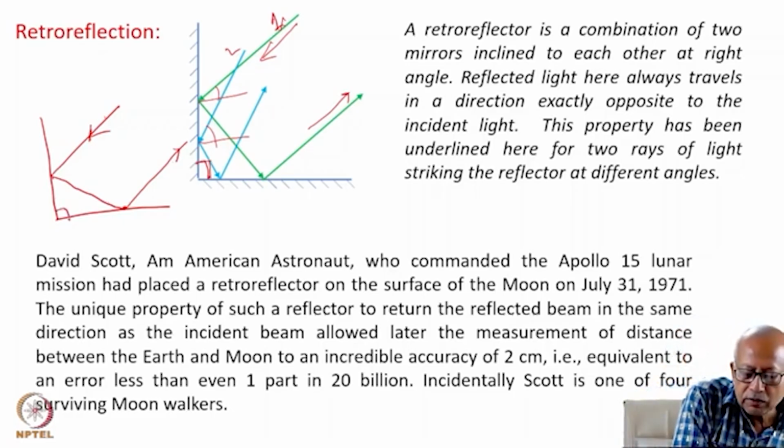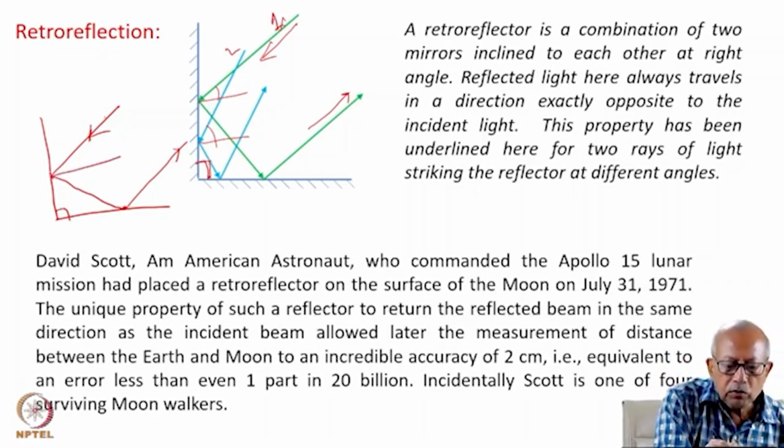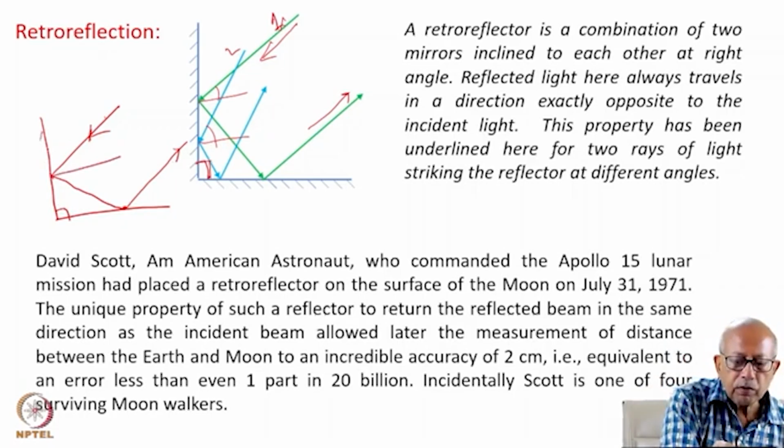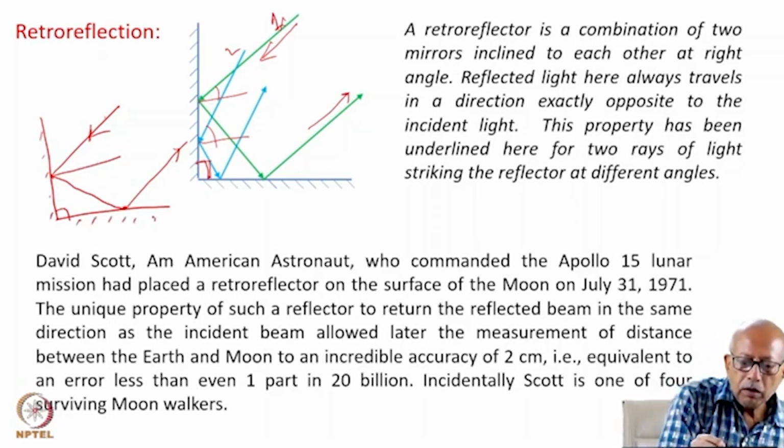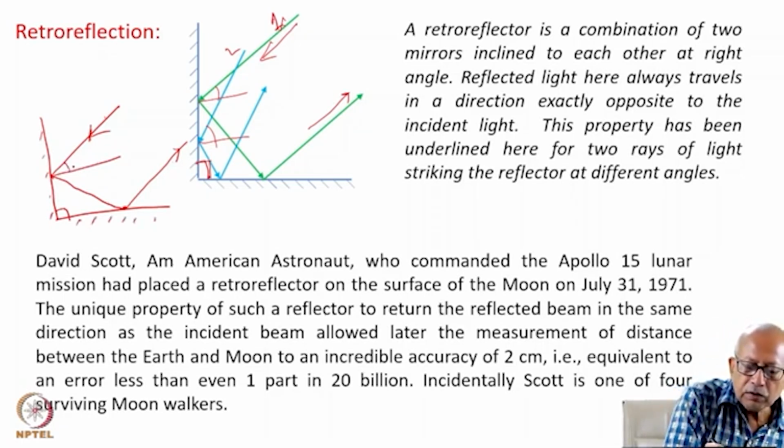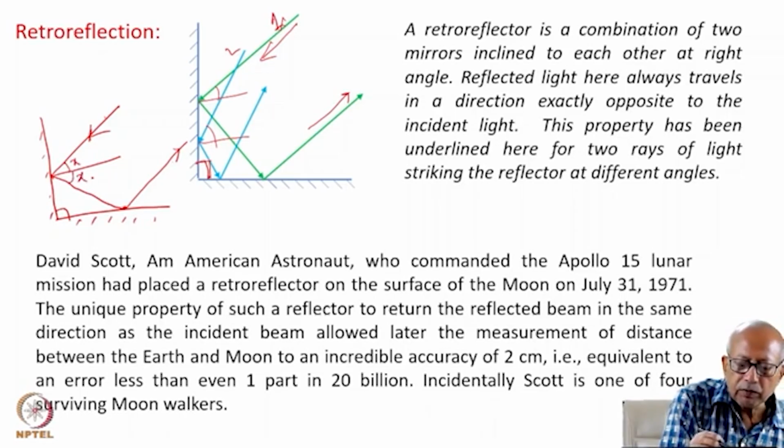Now this is 90 degrees, and this is the normal to the reflecting surface. So the angle of incidence, let us call it x, will be equal to the angle of reflection. Now because this is perpendicular to this and this is also perpendicular, these two are parallel.